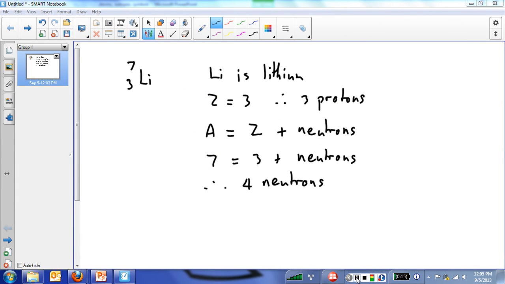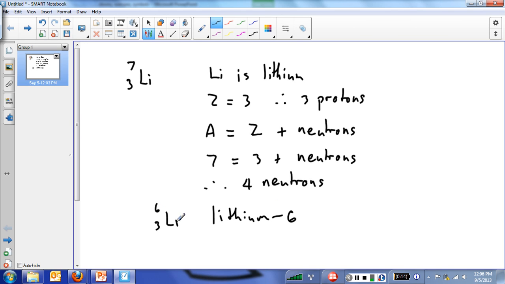So this is another isotope of lithium. When we talk about different isotopes of an element, we state the element and the mass number. So 6,3Li is lithium 6. And 7,3Li is lithium 7.